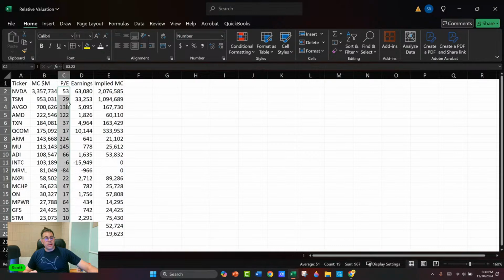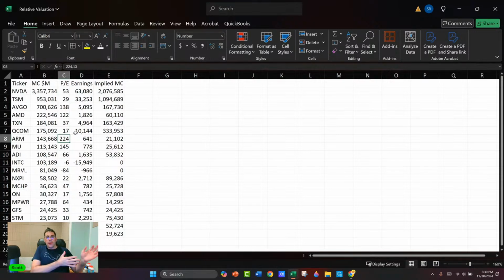Because there's always going to be outliers. There's always going to be companies like ARM that have a really high PE, and even negative PEs or really low PEs. But those outliers end up adjusting at some point. It takes a while. Could take a few months or a few years, but you can't run at a triple-digit PE forever. Eventually you come down, like Tesla and Amazon did.